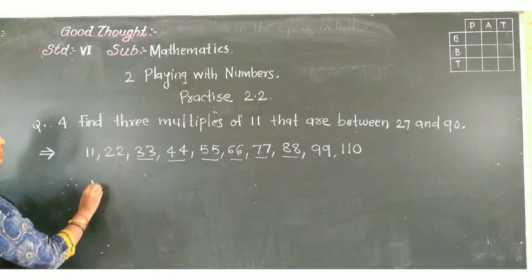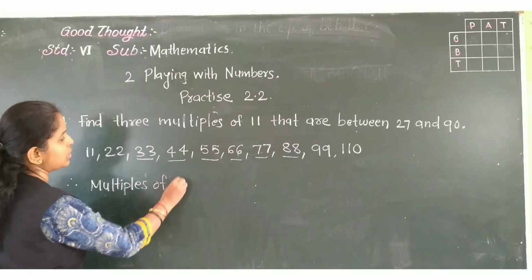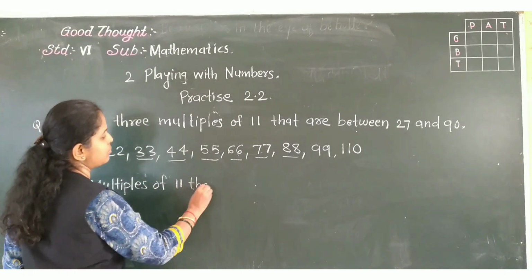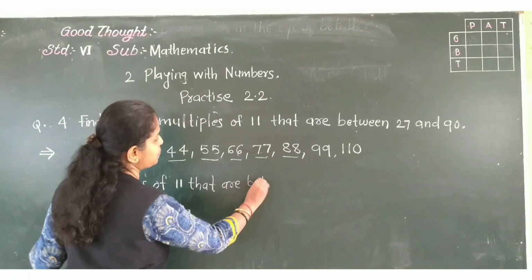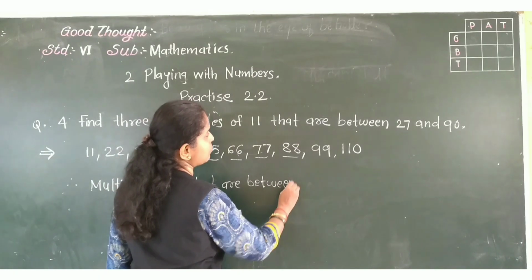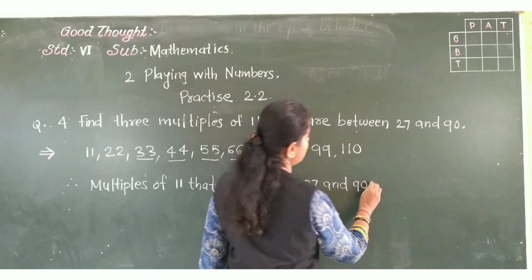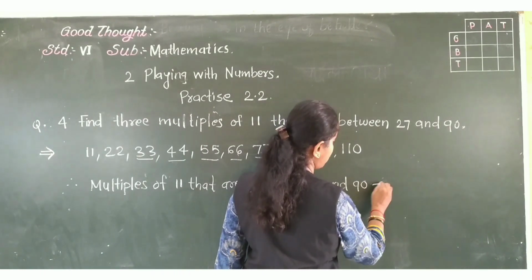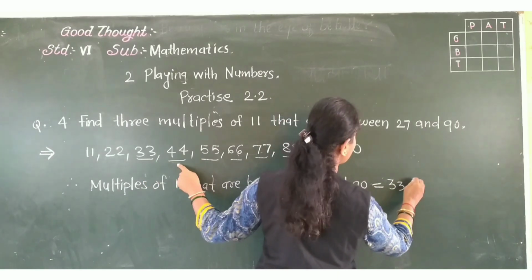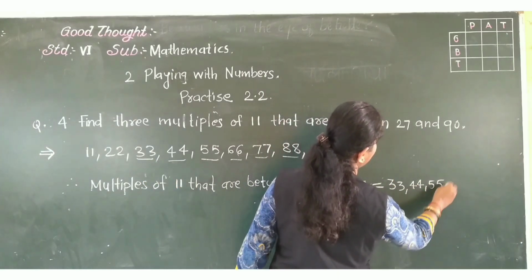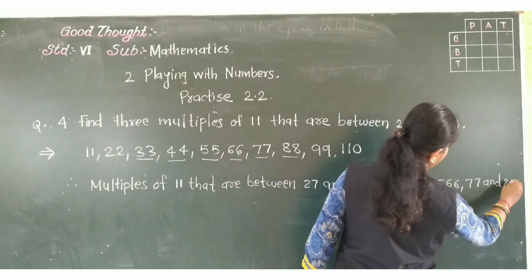Therefore, multiples of 11 that are between 27 and 90 are 33, 44, 55, 66, 77 and 88.